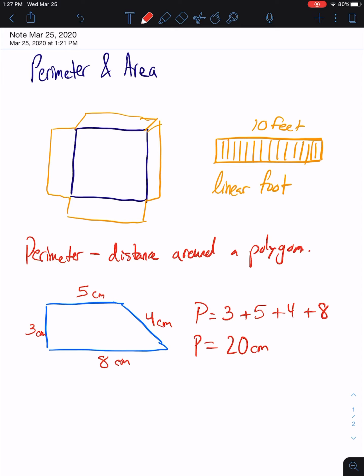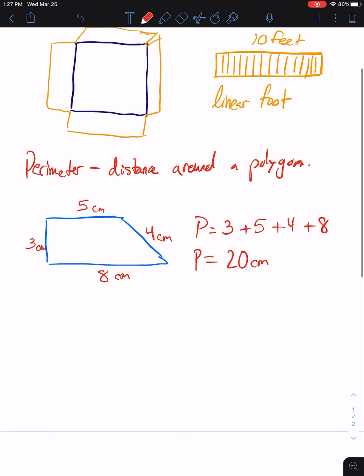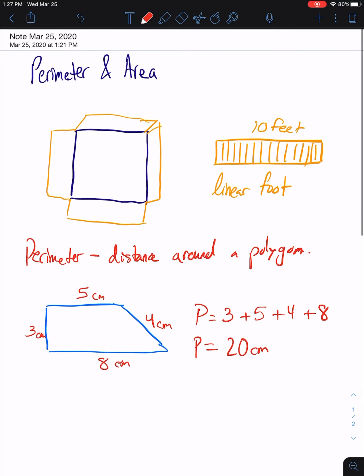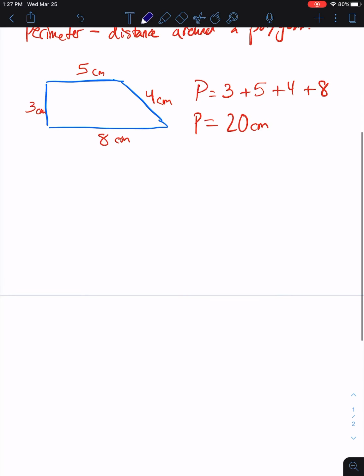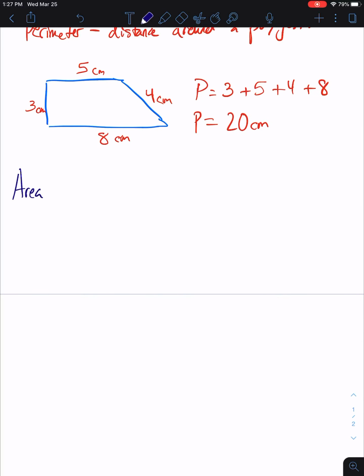That's it. Now, there are no formulas for perimeter on the formula sheet. It's simply the distance around a polygon. Area is a little bit different. There are some formulas that may show up on the formula sheet, for example, the area of a circle, pi r squared.